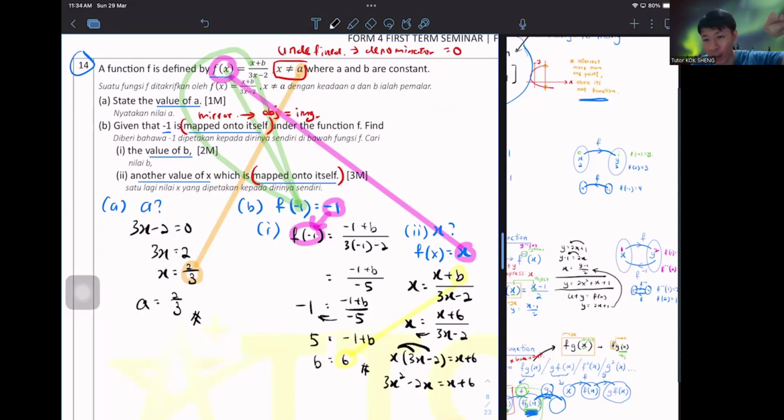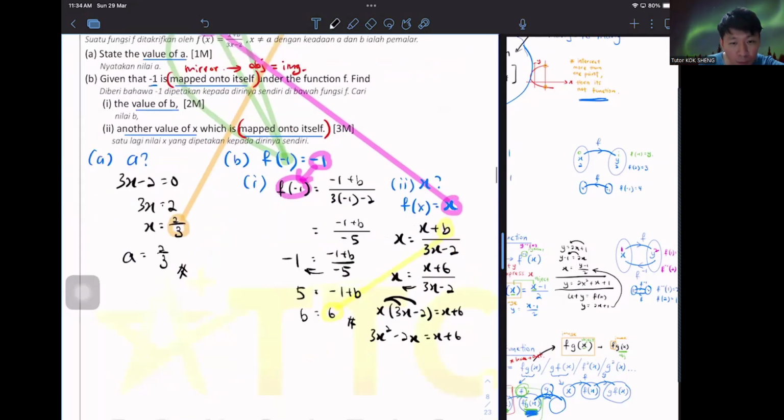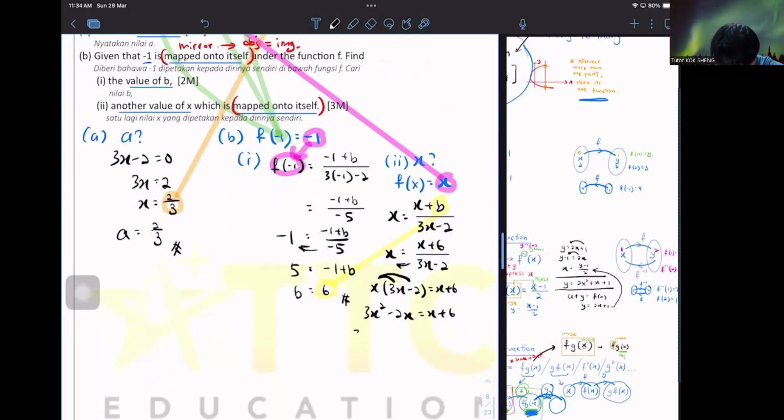You have to bring everything to left equal 0. Three x squared minus 3x minus 6. And this number still can simplify. All this can divide by 3.